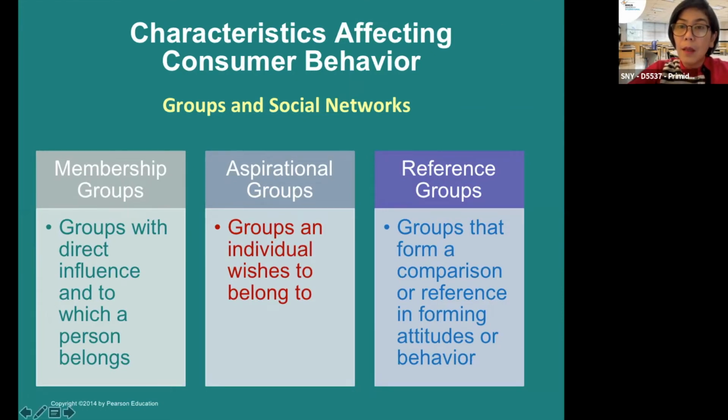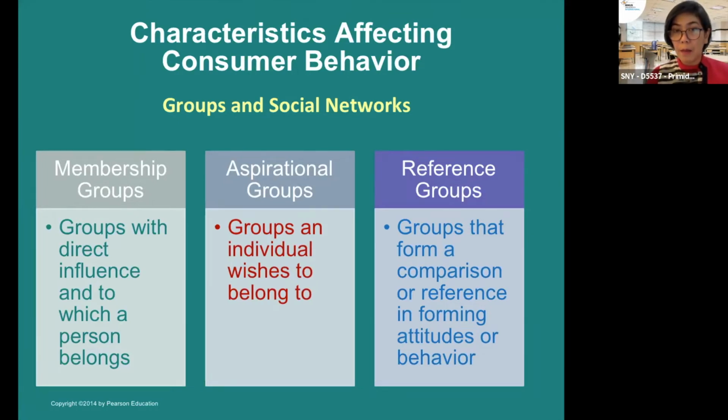Now, for other things, like food, my reference group will be a different group of people, a different kind of person. What I'm trying to explain here is that the reference groups you like do not always affect you in forming your attitudes and behavior, because you may have so many reference groups in your lifetime.